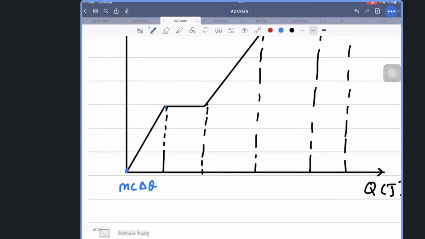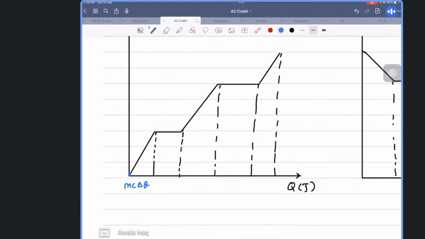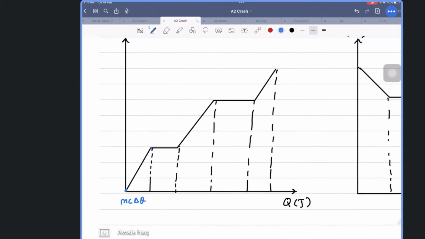When the straight line comes, the temperature is constant, staying the same. It means melting is happening. If melting is happening, then you use Lf times m, so that would be the energy equation.